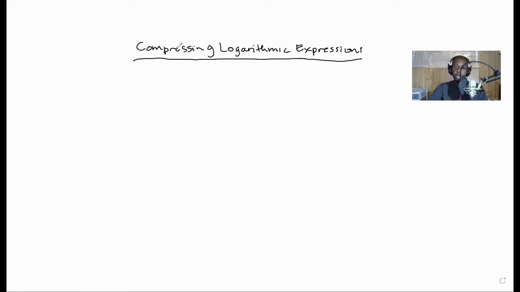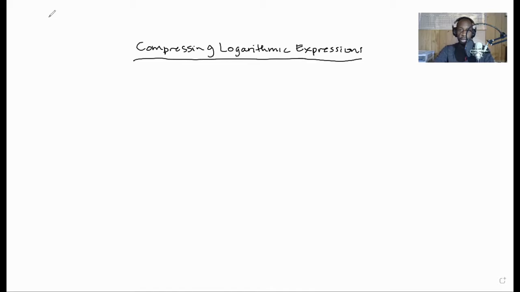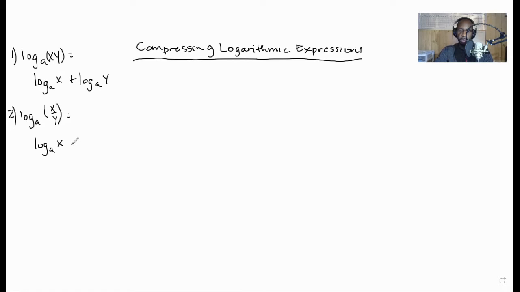Before we even get started, the most important thing for you to remember with compressing logarithmic functions is the three logarithmic laws. First of all, when you have a log of some x times y, that is equal to log of x plus log of y with that same base. The second thing is that if you have a log of x divided by y, that is equal to log of the thing on top minus the log of what's on the bottom.